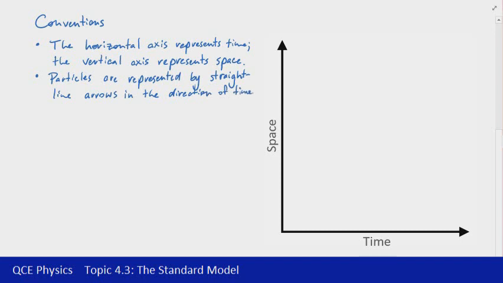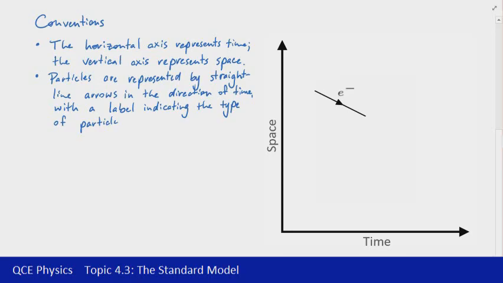And in order to make it clear what the particle is, there's also going to be labels. So that indicates the type of particle. And so in this example we have an electron represented.